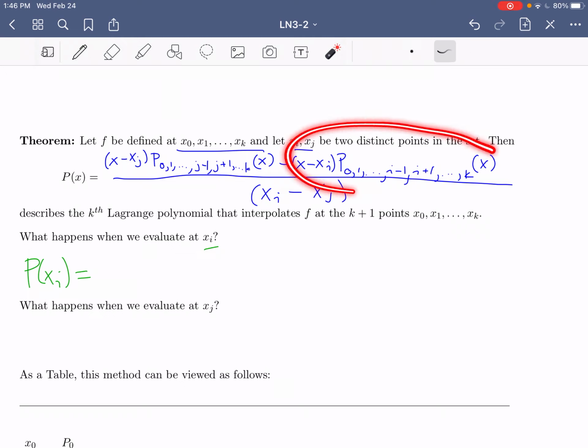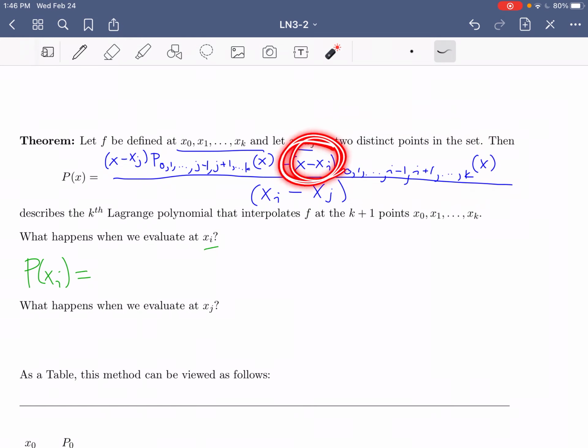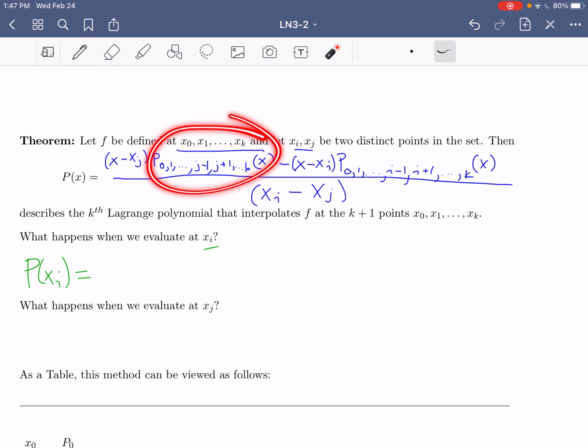For this piece right here, we're going to have 0 in this part, and so this piece will completely go away. We're left with x sub i minus x sub j. Oh, but that's exactly what's in the denominator here, plus the polynomial evaluated at x sub i.